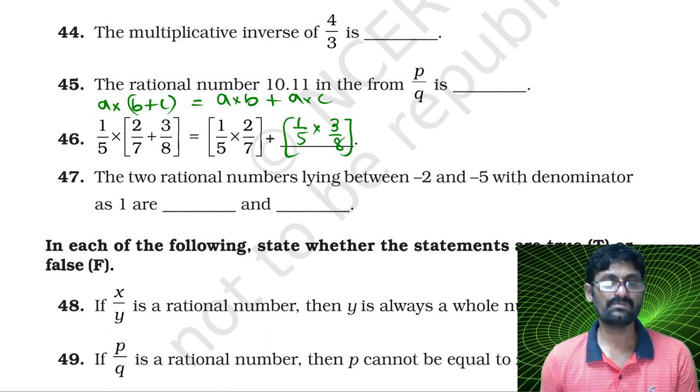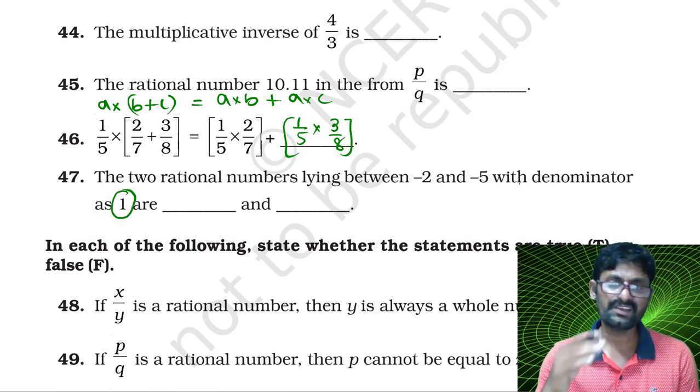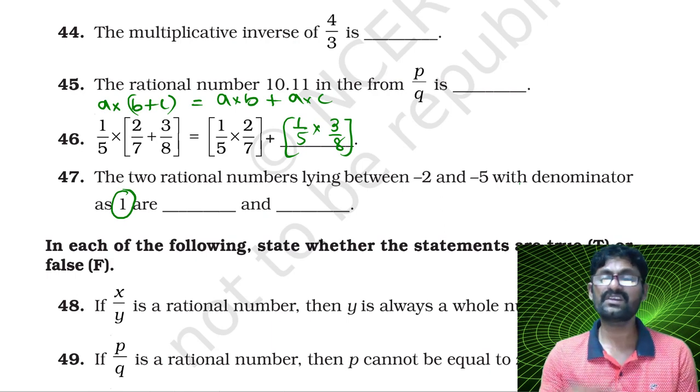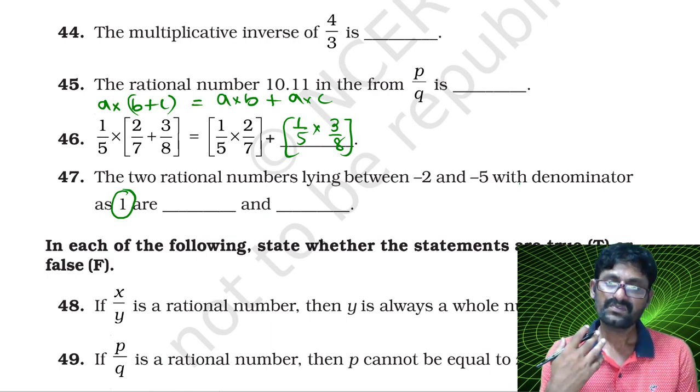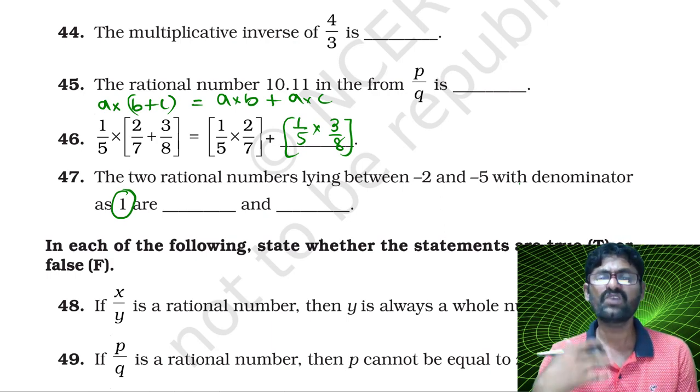Now the 47th problem. The two rational numbers lying between negative 2 and negative 5 with the denominator as 1 are dash and dash. Denominator is 1. What does it mean? For any integer, the denominator is 1. So, in other words, we need to find the integers between negative 2 and negative 5.